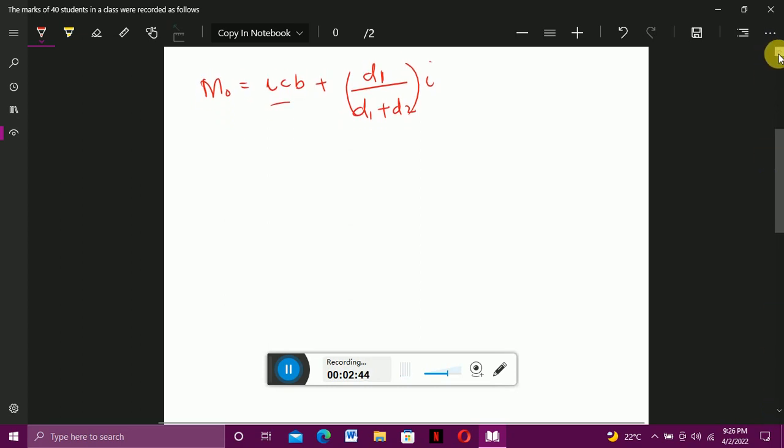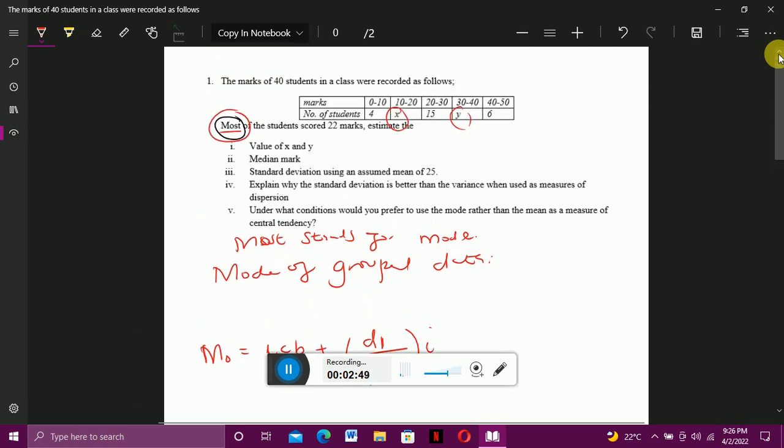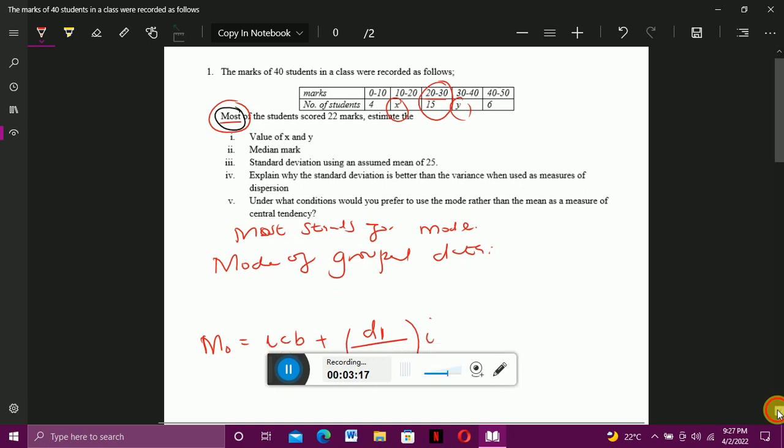So we can go back to our table. We are told that most of the students scored 22 marks, meaning that the modal class is the class 20 to 30. Looking at this data, you can see the classes range from 0 to 10, 10 to 20, 20 to 30, 30 to 40, 40 to 50. So the data is already continuous.